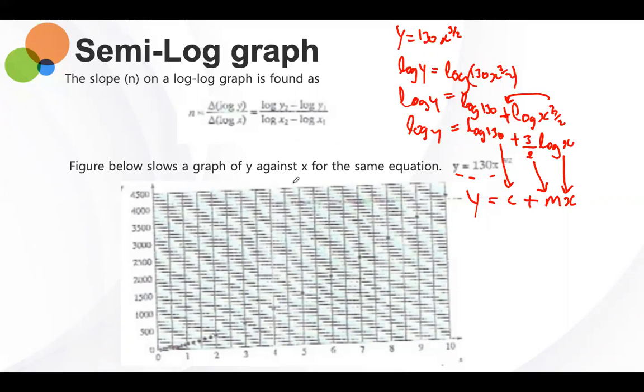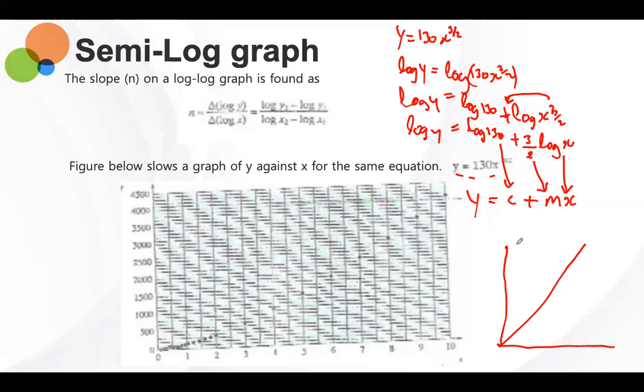Now we move on to finding the slope, right? After we got this formula, say we got a graph and we got some points on it. How would we find our slope?